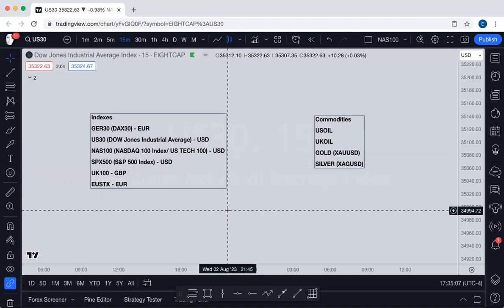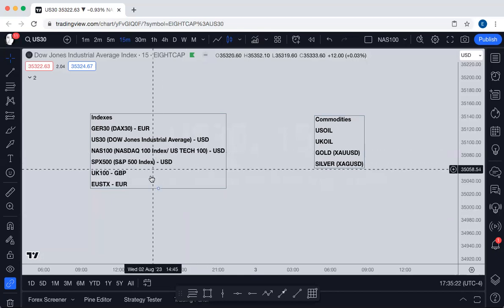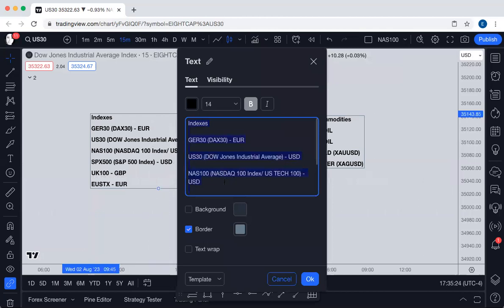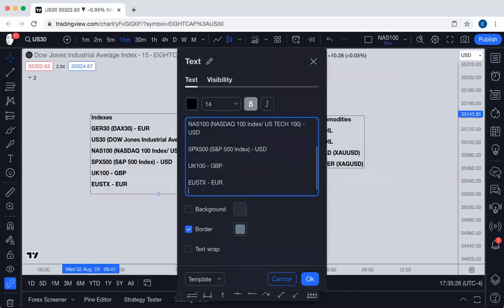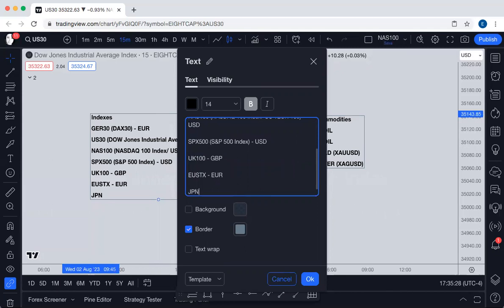SPX 500, your S&P 500 index, all right? That is also USD. You have UK 100. That is GBP, right? Your Great British Pound. You have EUSTX, which is also affected by the euro. And there's one more that we did not have here. There's JPN 225, okay? And that has to do with JPY.